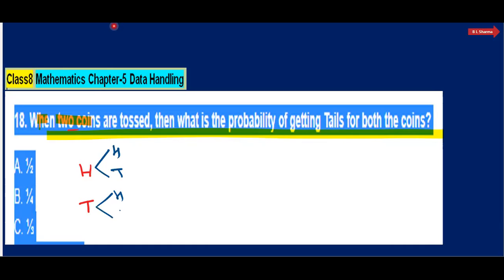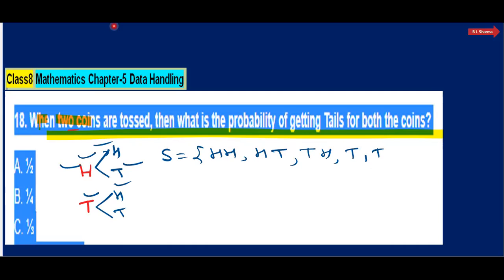So the sample space will be head head, head tail, tail head, and fourth possibility tail tail. On counting, these are 4.